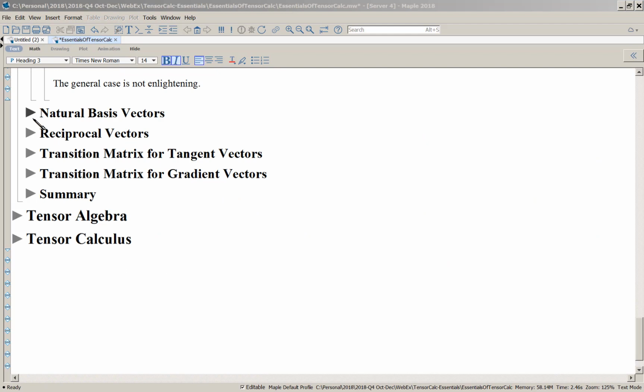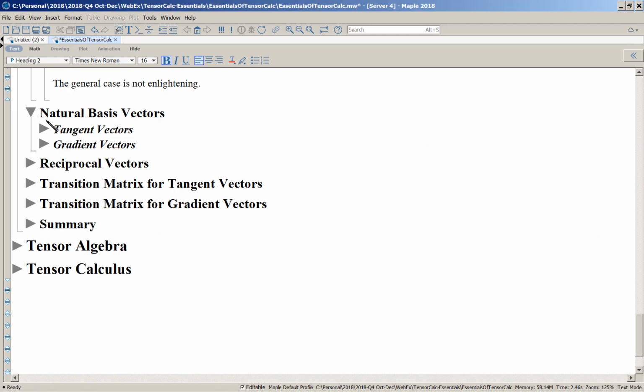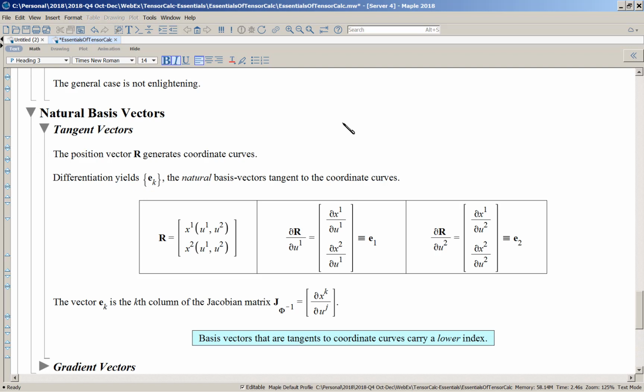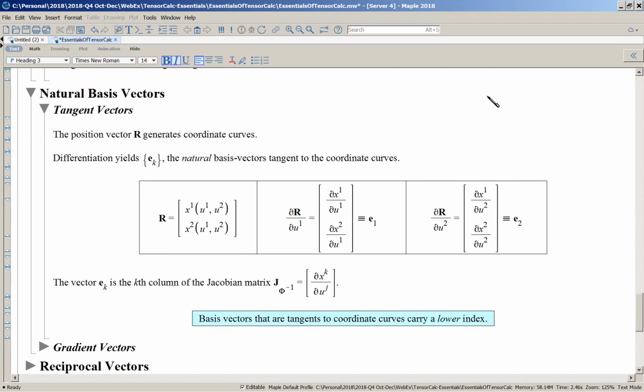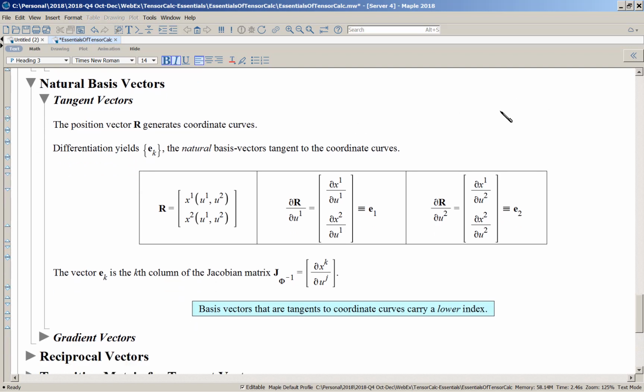Now we're ready to talk about natural basis vectors. And the basis vectors come in two varieties. They can be tangent or they can be gradient. Let's look at tangent vectors. These are much more familiar. So you have a position vector r, and it generates coordinate curves.